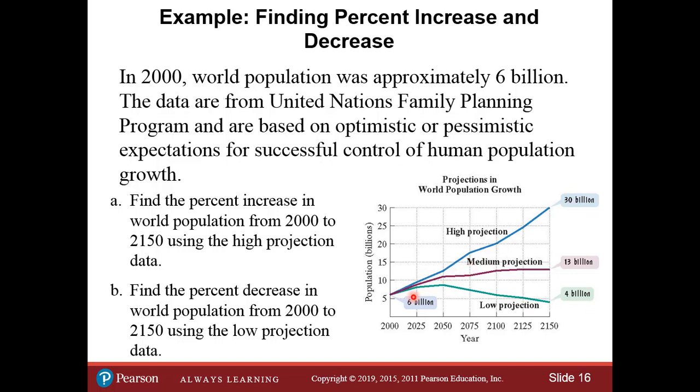And then we take 24 billion divided by 6 billion, and then that's going to give us the fraction, and then we're going to multiply by 100 and add the percent sign. And then we're going to find the percent decrease in the world population from 2000 to 2150 using the low projection rate. Okay, so in this case here, from 6 billion to 4 billion.